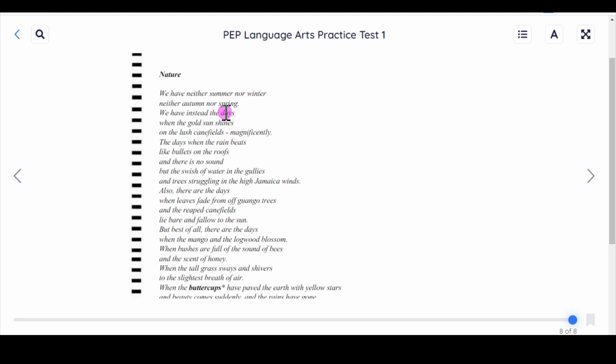There are also other places that are subtropical that experience slight variations, but they are not going to see the distinct seasons. So we don't have snow falling here, for example. There are other places in the world where snow doesn't fall, but it just gets pretty cool. So we have instead days when the gold sun shines.